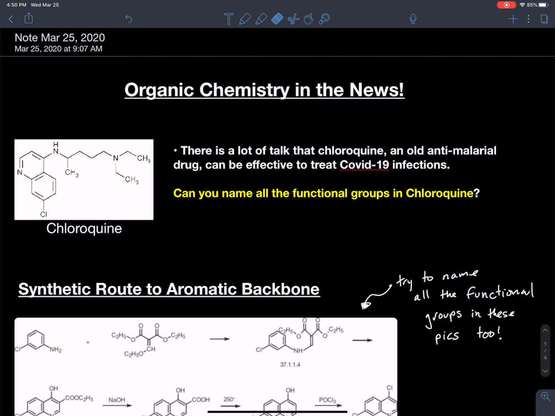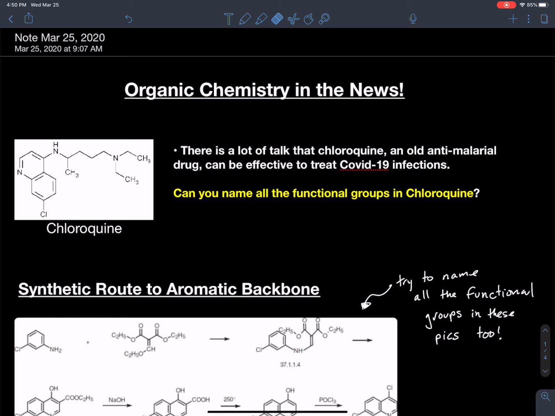I thought we can start here by giving you a bit of the story of chloroquine, looking at the structure. The structure of quinine, the anti-malarial drug, is also a very important part of the development of organic chemistry in general. Elucidating the structure got a Nobel Prize, and one of the best chemists in the world, Robert Woodward, was involved in that.